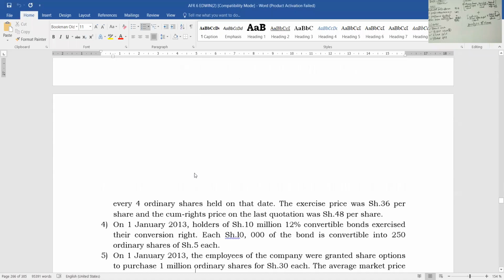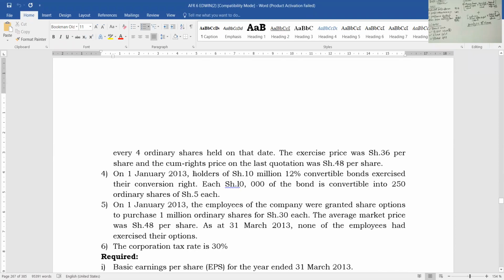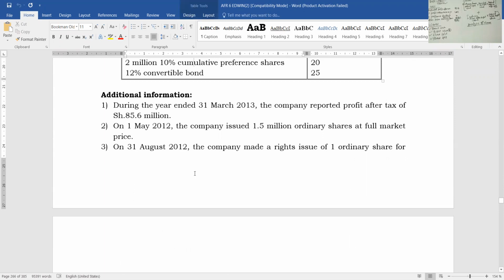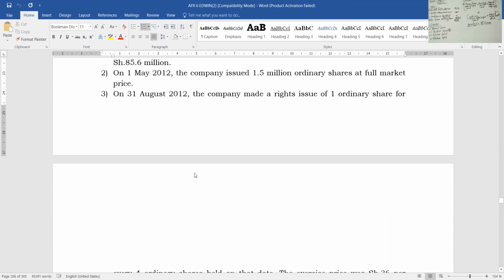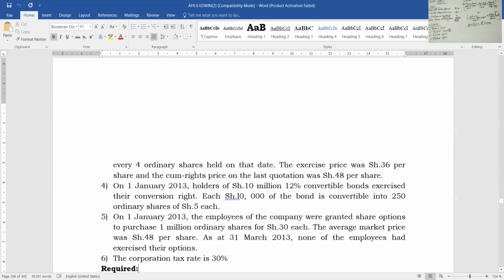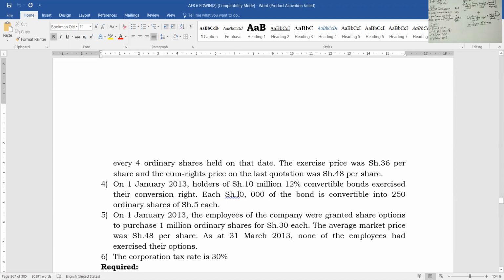So there's this statement here. That is additional information number 3, because they say that on 31st August 2012, the company made a rights issue of 1 ordinary share for every 4 ordinary shares held on that date.